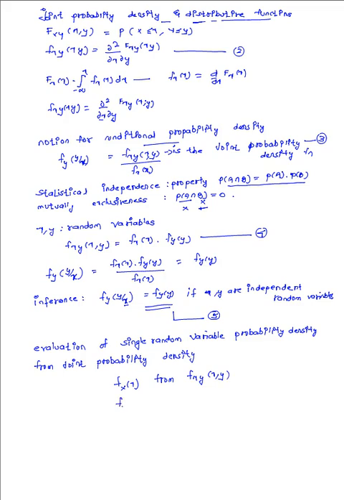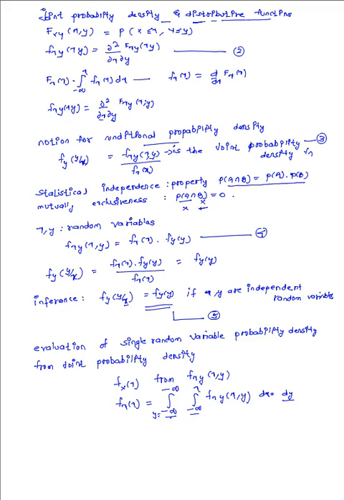So this can be obtained using integration from minus infinity to infinity, and again integration from minus infinity to x. Because there are two random variables, we need to apply two integrations, fxy(x, y) dx dy. The internal integral variable will be nearer to the internal integral, and the external integration will be with respect to the external variable.